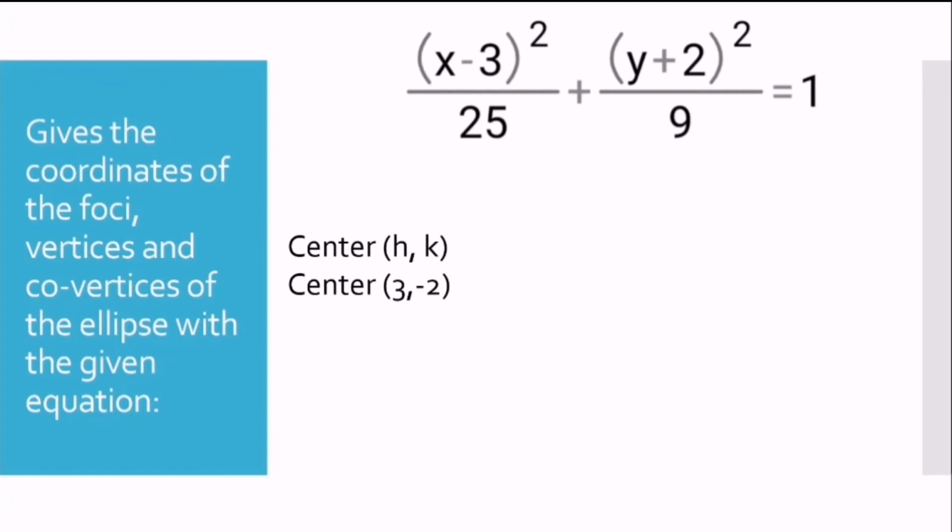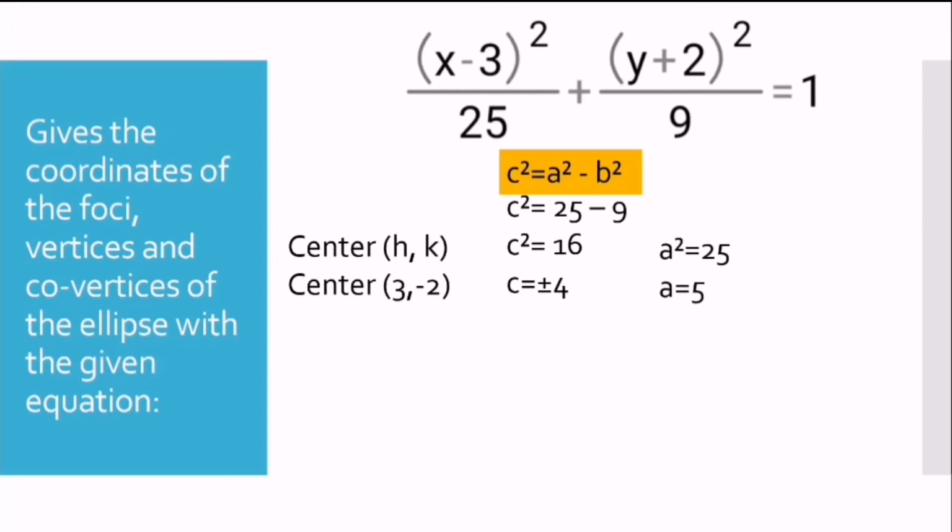Kapag in-equate natin sa 0, magiging sagot ay 3, negative 2. Next, always remember that foci, vertices, and co-vertices are related with the equation c squared equals a squared minus b squared. So, we need to find c squared. So, let's substitute a square which is 25 and b square which is 9. So, c square equals 16. So, ang ating c ay positive negative 4.